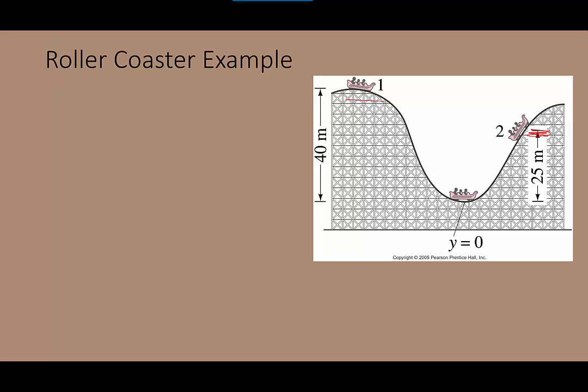We have to first know that the distance from point 1 to point 2 is 400 meters. We also have to know that the mass of the car is approximately 1,000 kilograms.